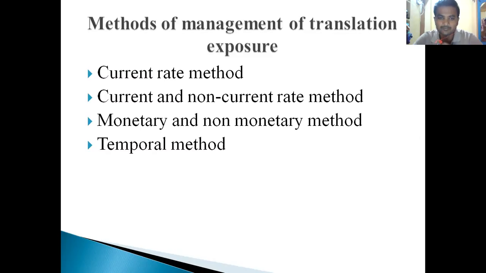The parent company has to summarize them from the other country. That currency we call the reporting currency.